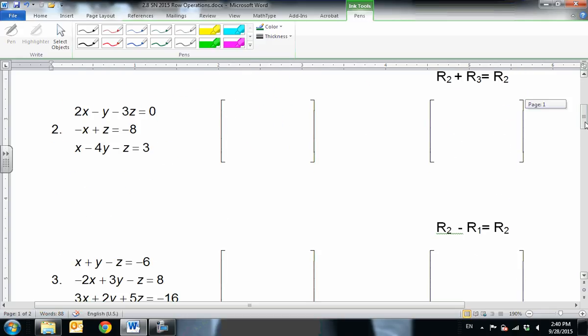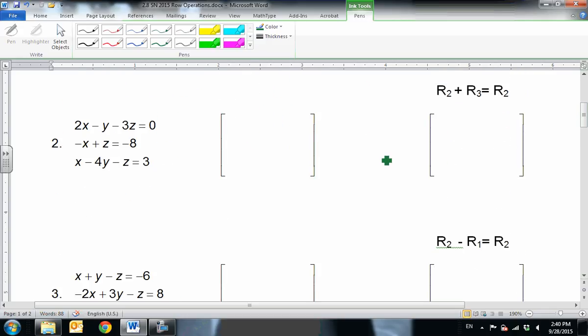All right. Let's go to number 2. First, do we need to rewrite anything? The second equation. How should I rewrite this second equation? Okay, so -x plus 0y plus z equals -8.